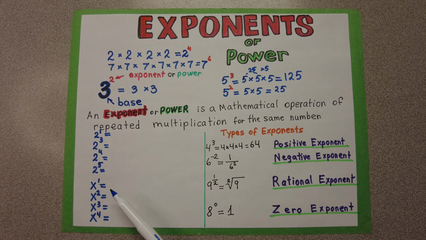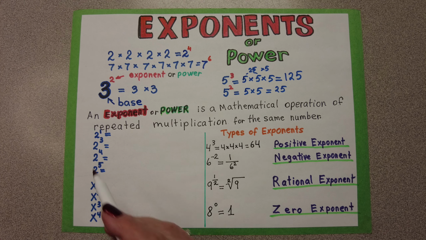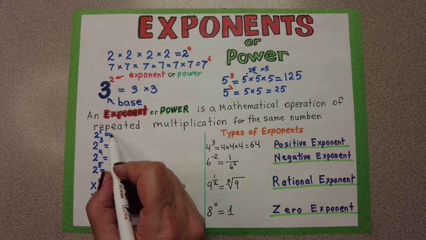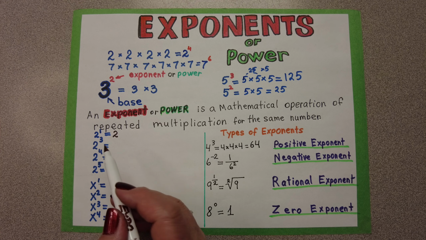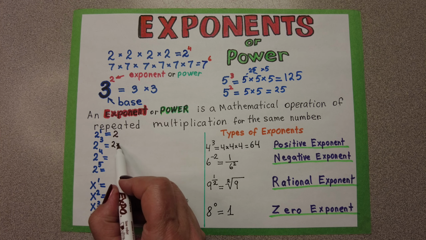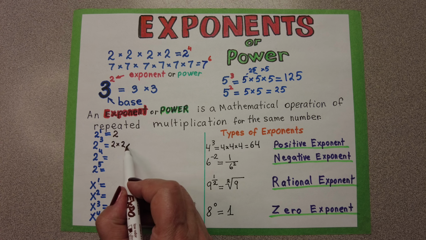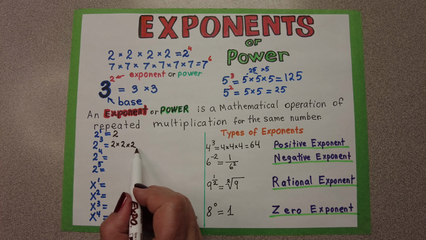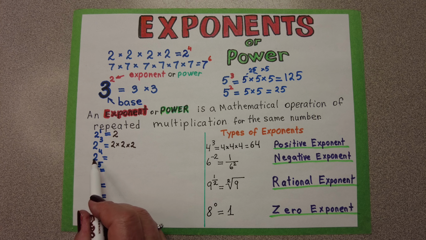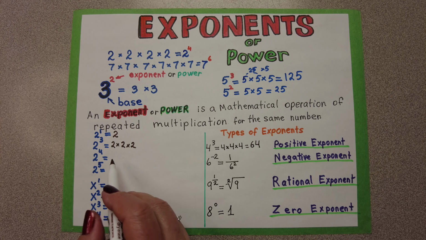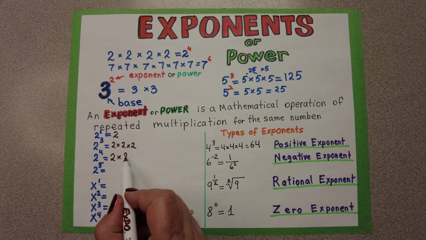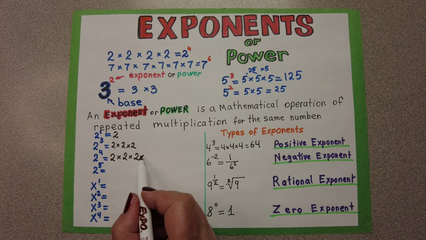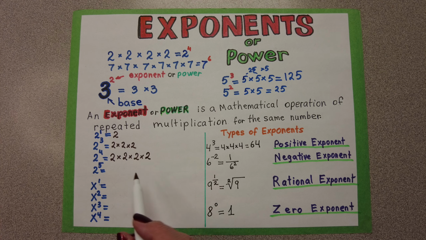Now let's do some more examples. 2 to the power of 1 means just 2, right? 2 cubed will be 2 times 2 times 2. This is the way we expand. 2 to the power of 4: how many 2's are we going to multiply? 1, 2, 3, 4.